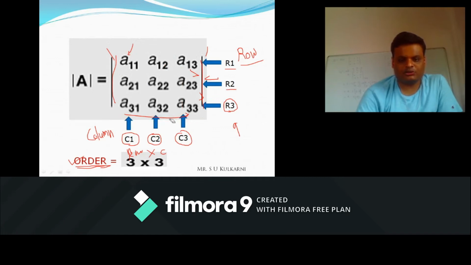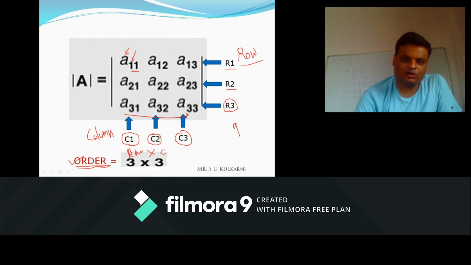Like this only you have a determinant. You don't have a determinant of order like 2 by 3 or 3 by 4 and so on. Now we will see what that A11, A12, A21, A23 means. If you see the first element A11, A is any general element. What does this 1 1 represent?